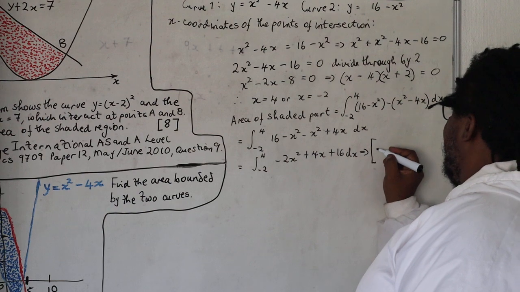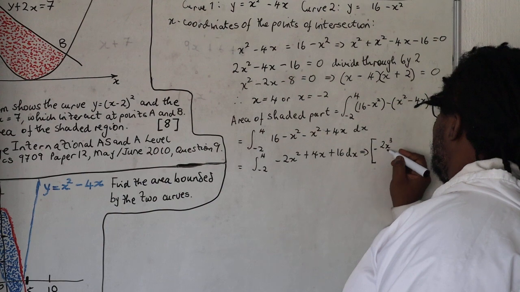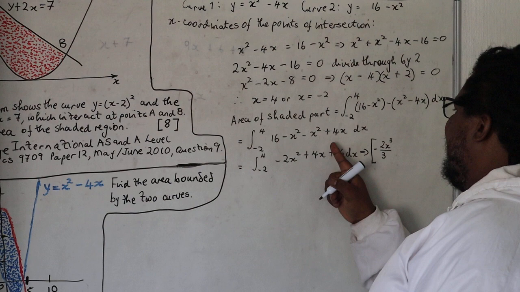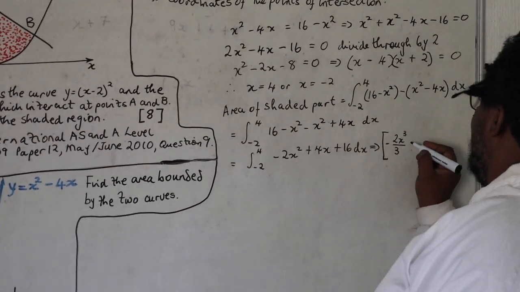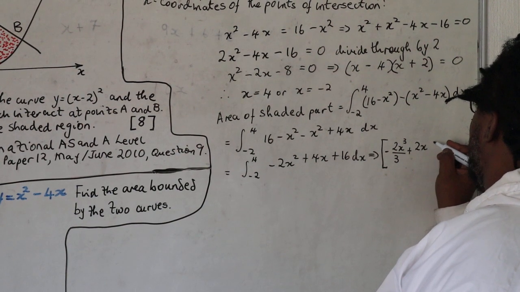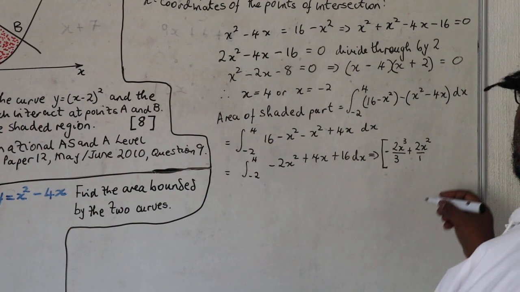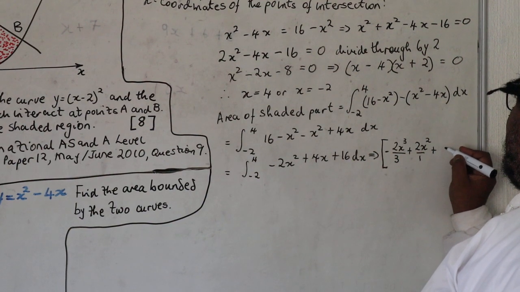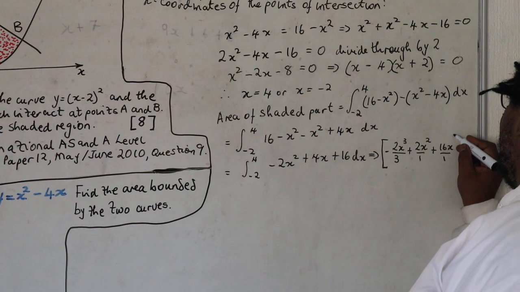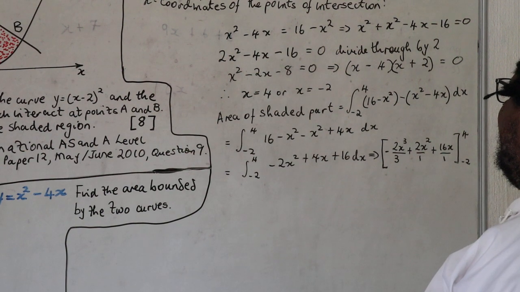So here we have minus 2x to the power 3 all over 3, and here we have 1 plus 1, 2 divided into 4 gives us 2x to the power 2, and 16 becomes plus 16x over 1, and our limits are minus 2 to 4.